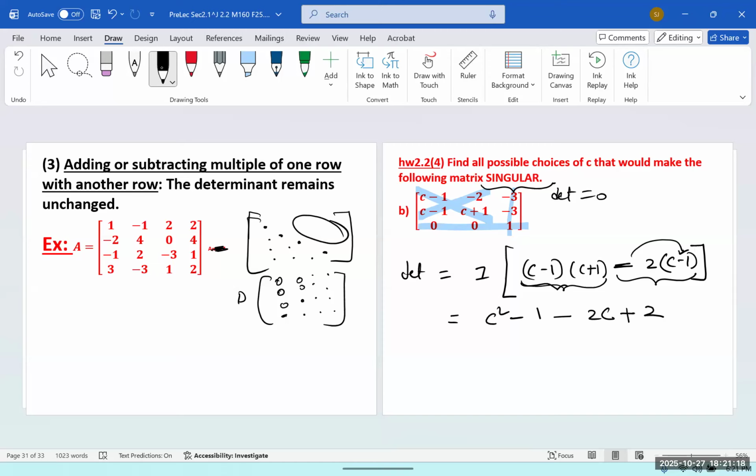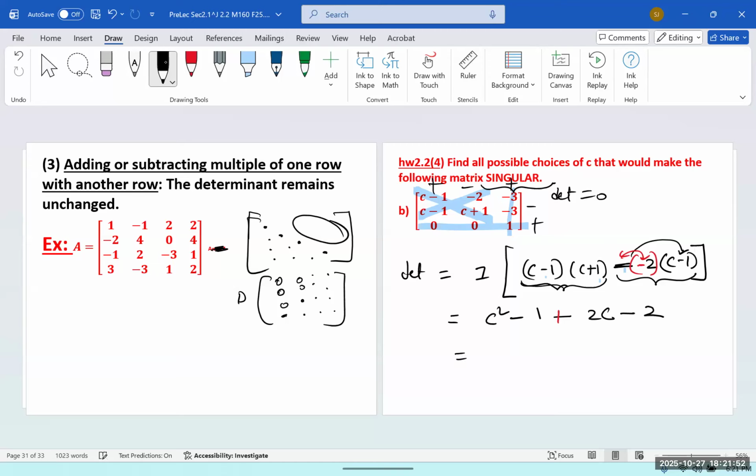Then we have negative 2 times negative 1. Plus, minus, plus, minus, plus. So 1 is plus, and you're taking the right diagonal, which is C plus 1, C minus 1, minus the, oh, negative 2, I didn't see negative 2. Negative 2 times C minus 1. So negative is positive 2C. Positive 2 means negative 2.